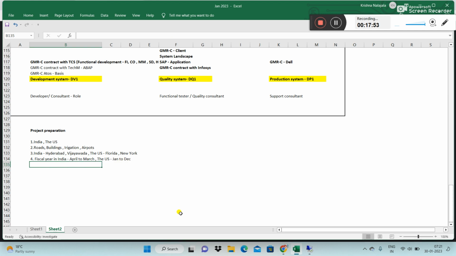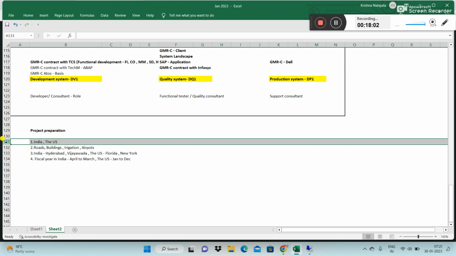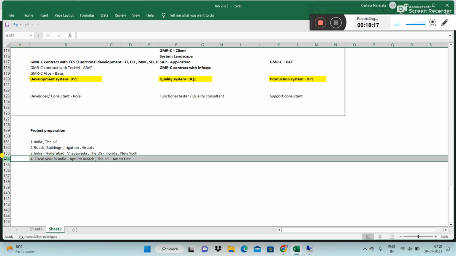Now you get into the business nerves slowly, right? Yes, sir. Why do we want this information in detail? Because based on this, you will get to know how to configure, how to enable the SAP application for those businesses, right? Yes, sir. You go anywhere in the world, the calendar year remains the same, right?